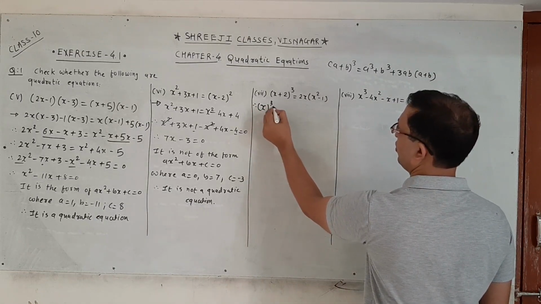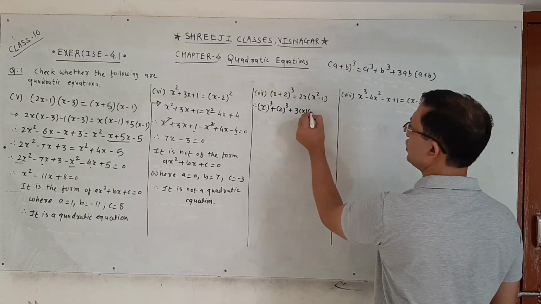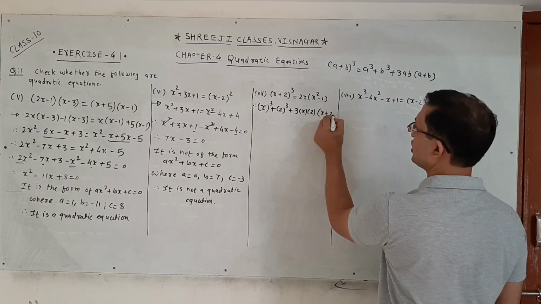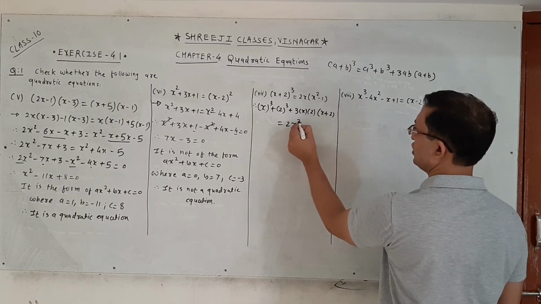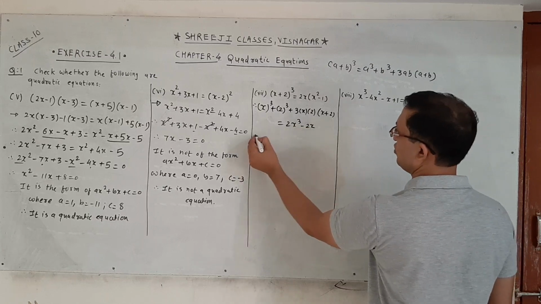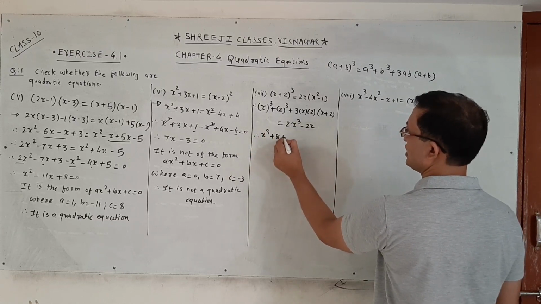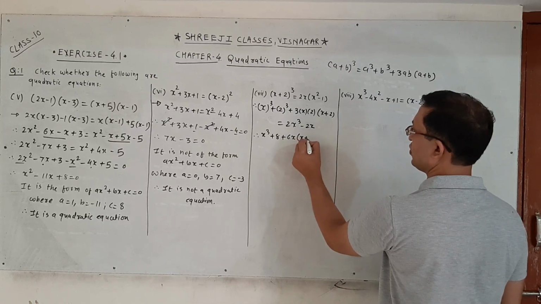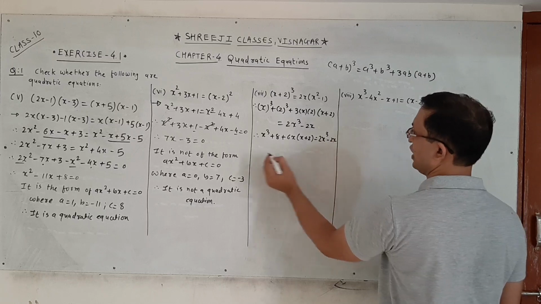x cube plus 2 cube plus 3 into x into 2 into bracket x plus 2 is equal to 2x cube minus 2x. Simplify this bracket, x cube plus 8, 3 into 2 is 6x into bracket x plus 2, it is equal to 2x cube minus 2x.